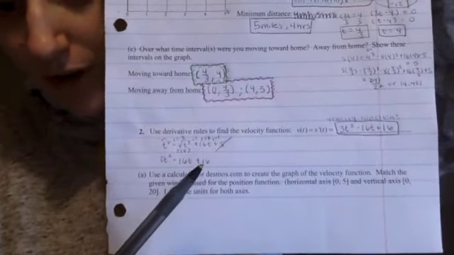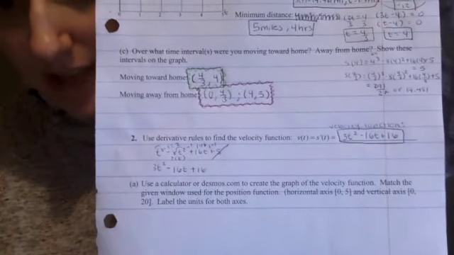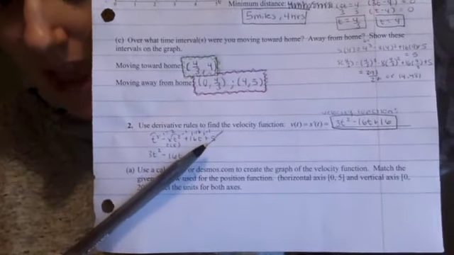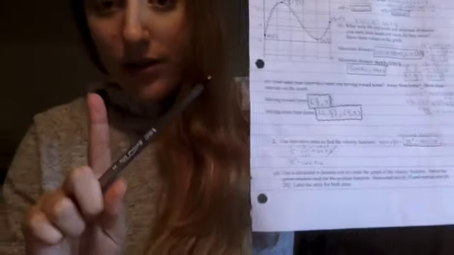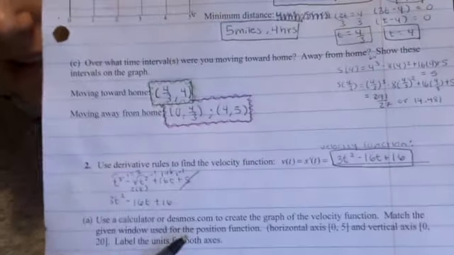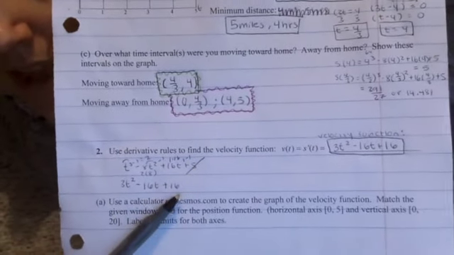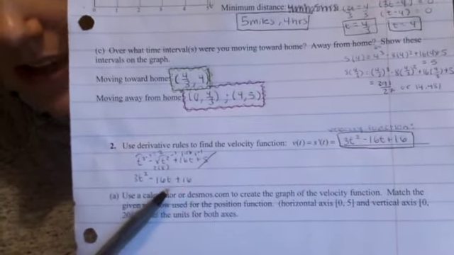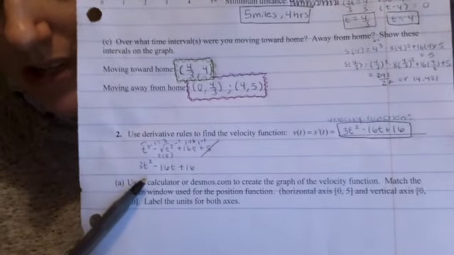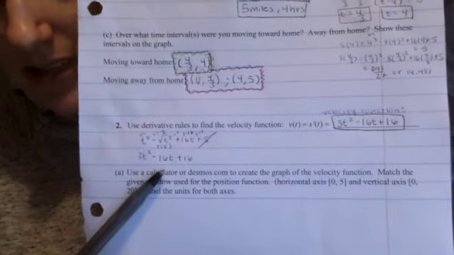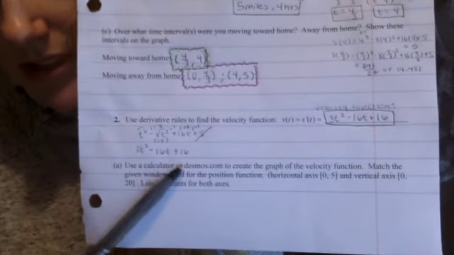We would move it to the front and multiply by 16 to get the output of 16. And then t to the 1 minus 1, so we would get a cancellation of that t variable, and it would simply become 16. So our resulting derivative would be 3t squared minus 16t plus 16.